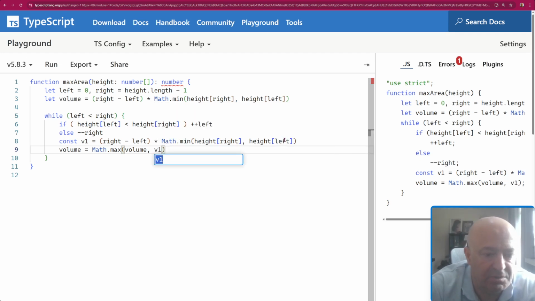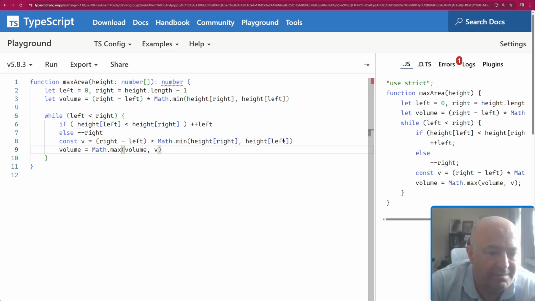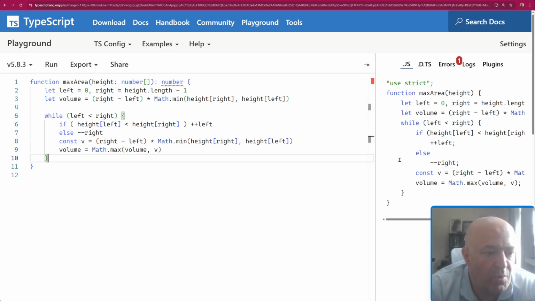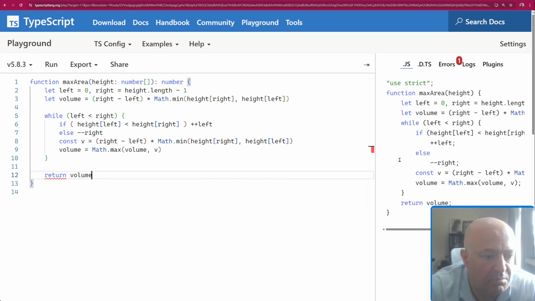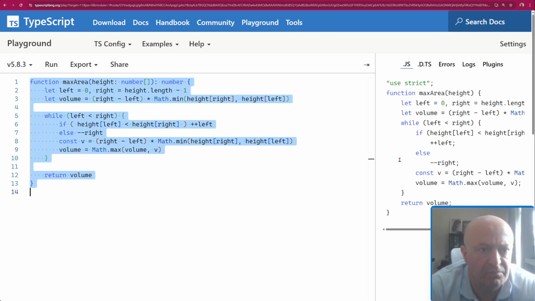Why V1? I mean, we can have a better name here. You don't even need this variable. Obviously, you can just put this whole huge thing here, or you can have a function that calculates this volume. Let's keep it like that. So once we exit this while, we can confidently return volume and be sure that this is the best possible volume.